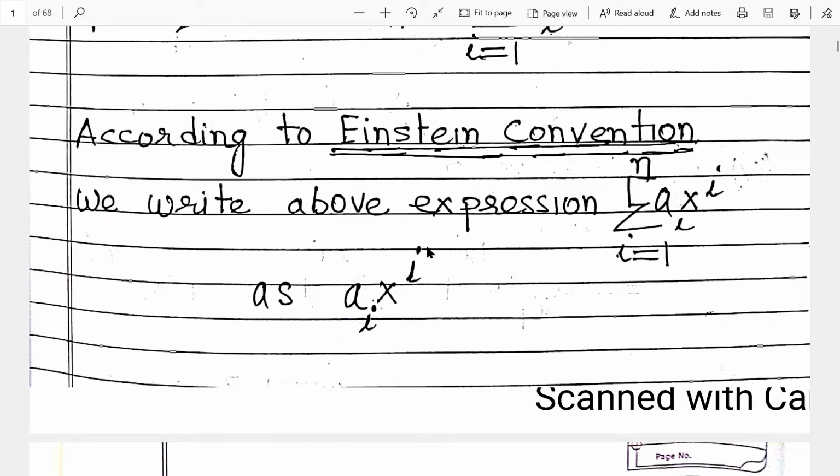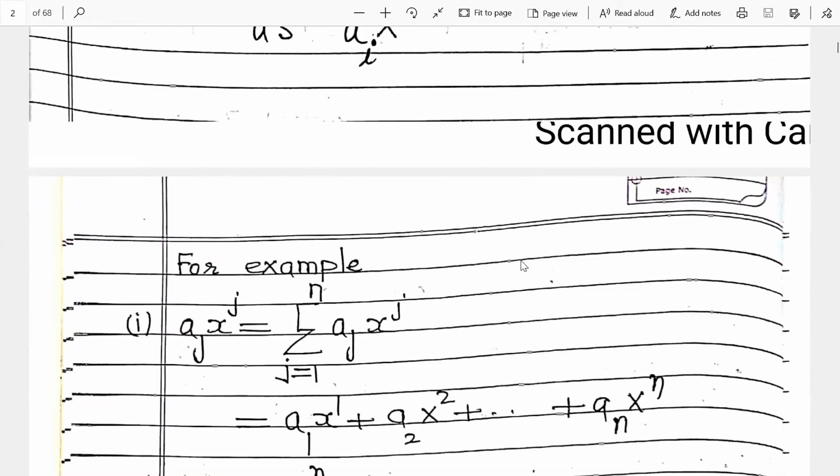It means if i is running from 1 to n, then j is also running from 1 to n, and k is also running from 1 to n, and p is also running from 1 to n. So we can replace this i by j, k, or any other letter.